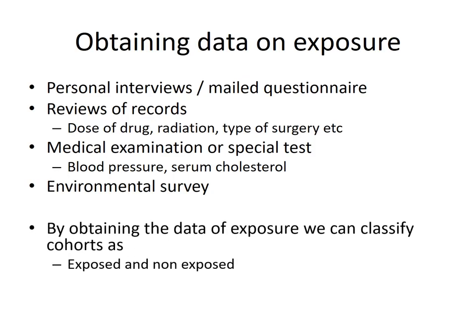Also, we can classify the cohort as exposed and non-exposed. So we start by selecting subjects, then we identify how we will measure the exposure, and based on this, subjects will be classified as exposed or not exposed.